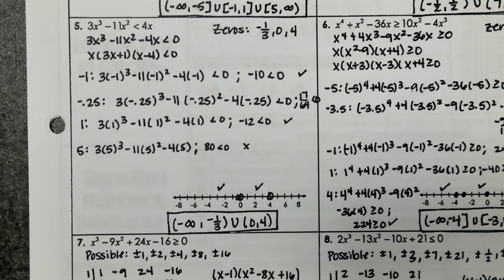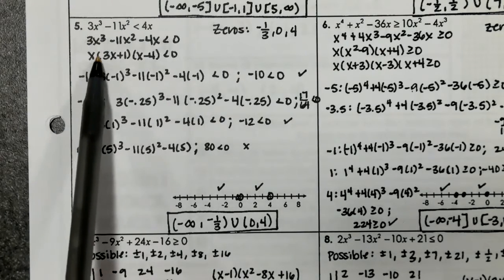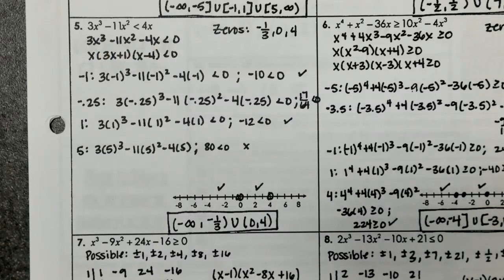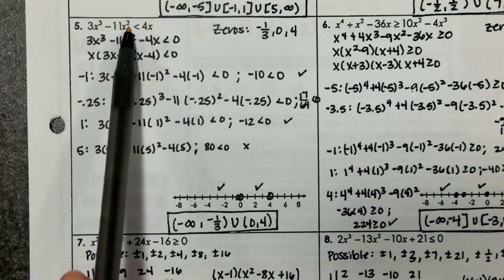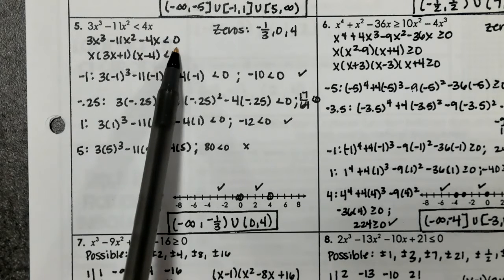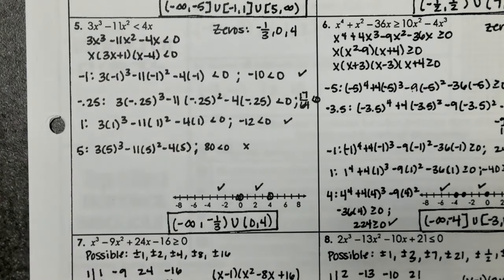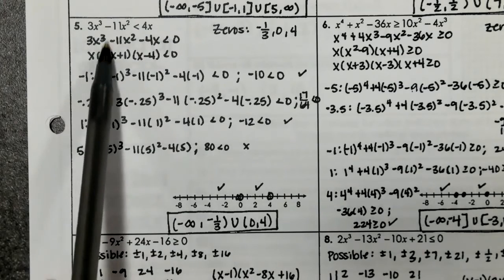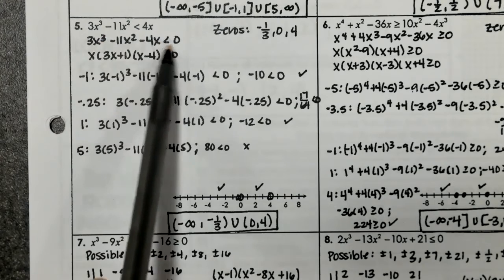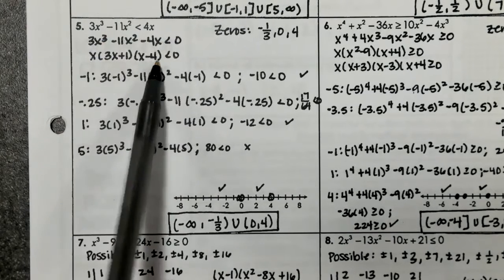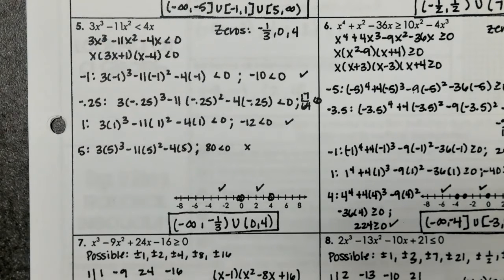We can do number 5. All right. So for number 5, we do have to move this 4x over to the other side for step 1 to get it set up to be less than or equal to 0. Step 2, factor completely. So here we have no C terms, so we can pull out an x and then factor.